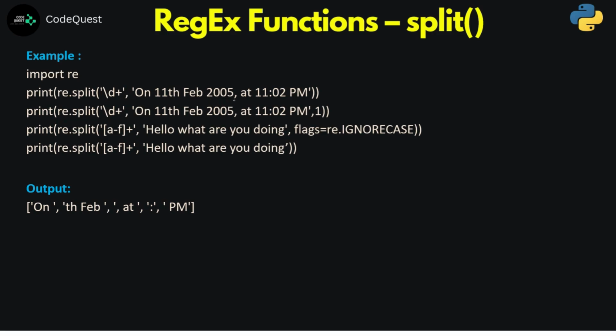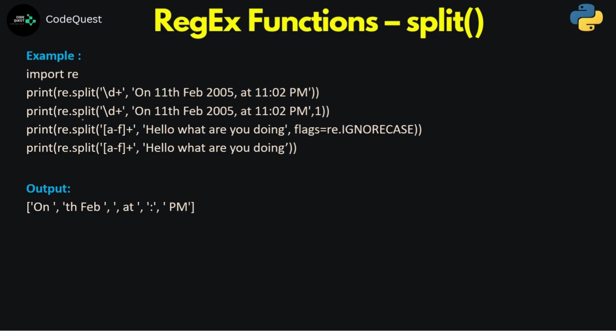Again we have a digit here, so again there is a split. You can see 1, 2, 3, 4 and 5 splits have happened, because the moment it has found a digit, a split has happened and one new item has been created.